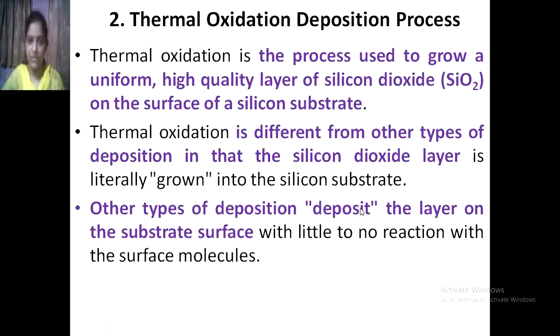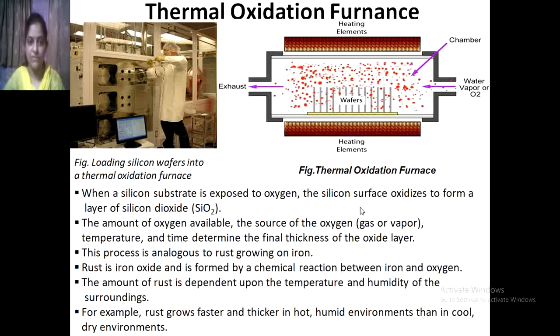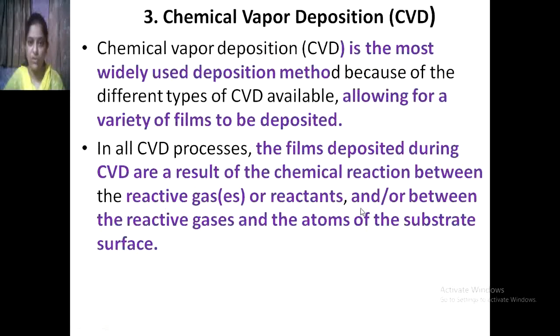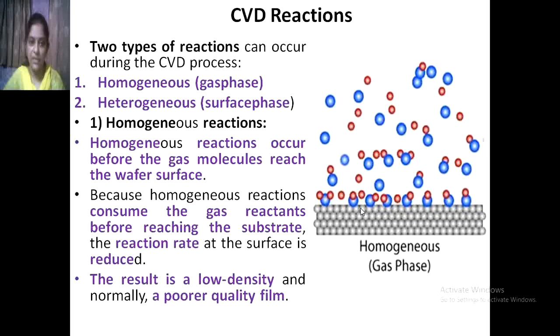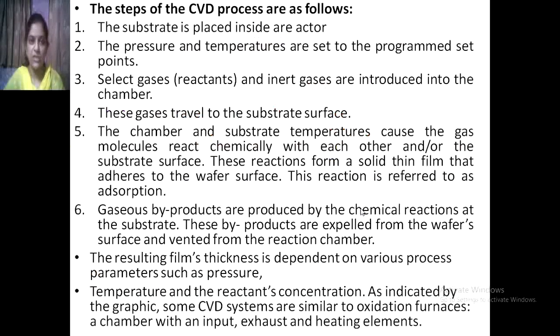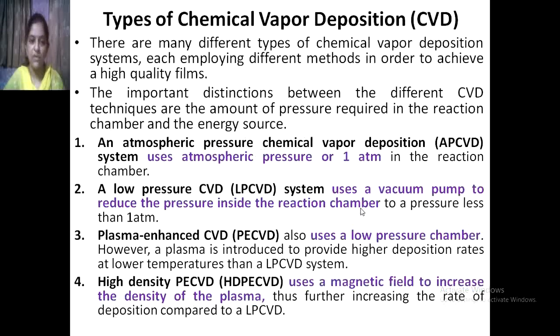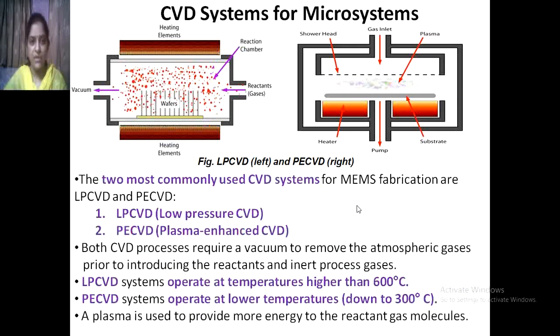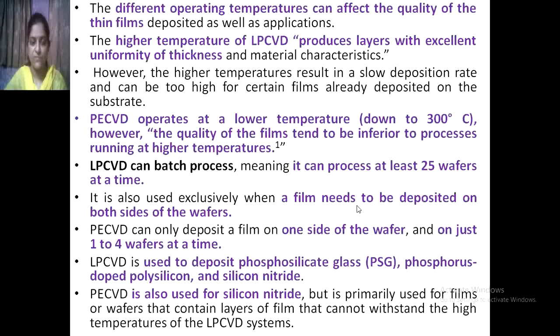So spin on film, thermal oxidation, then the thermal oxidation furnace, steps involved in the thermal deposition process, CVD, then two types, homogeneous and heterogeneous, then the CVD process, the CVD process steps, then the types of CVD: APCVD, LPCVD, PECVD, HDPECVD, then the plasma enhanced CVD system, then the CVD system for microsystems.